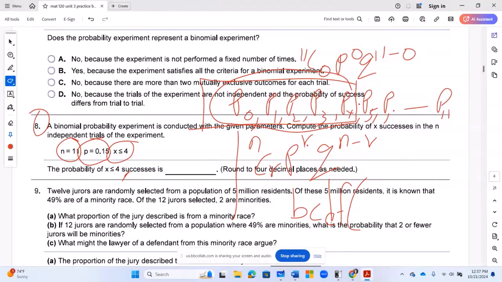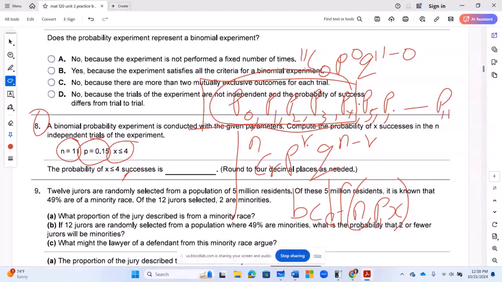I'm looking for the area to the left, starting from 4, where 4 is included. So the argument is n, comma, success, comma, x, the random variable, or r, where n is the sample space, p is the success given to us, and x is the random variable.